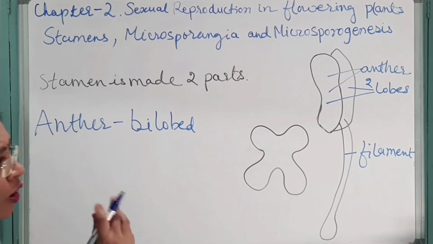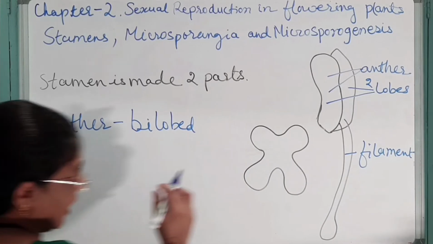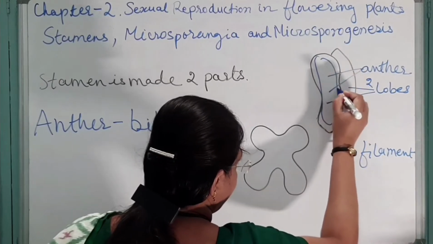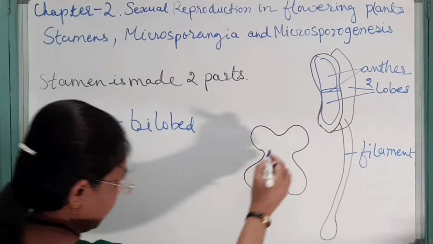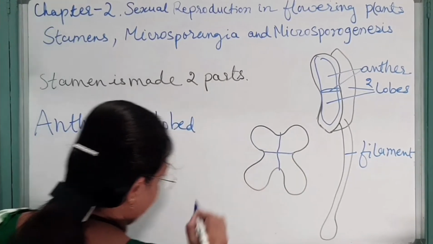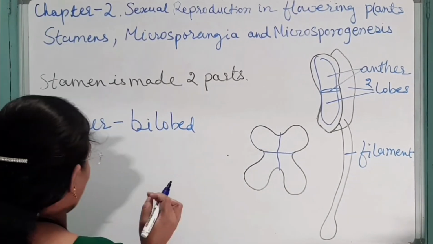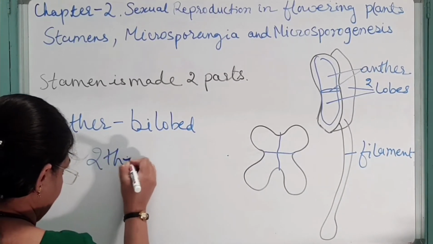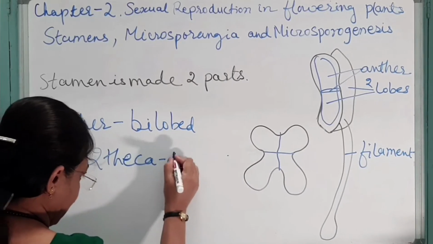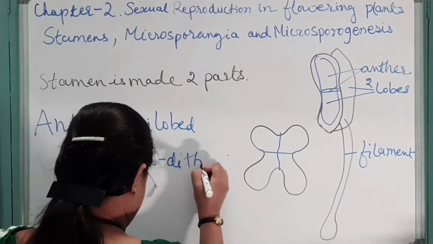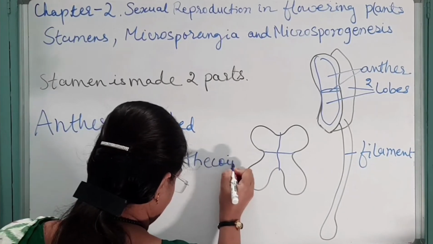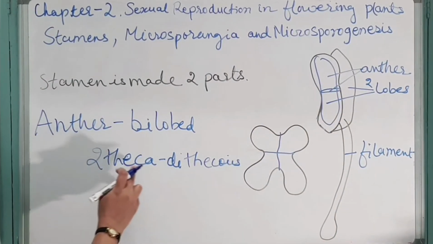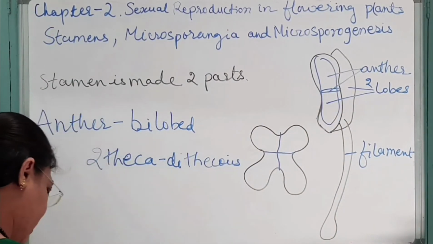Also, the anther is having two thecas, means it is having two coverings, one covering like this and one covering like this. So, anther is dithecous. Anther is bilobed, means it is having two lobes. Also, it is having two thecas, means it is dithecous.